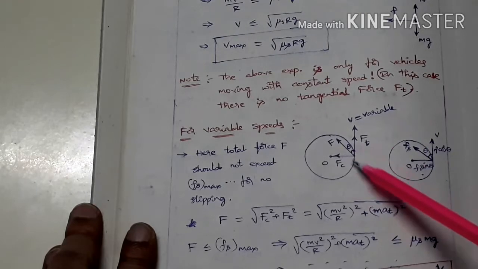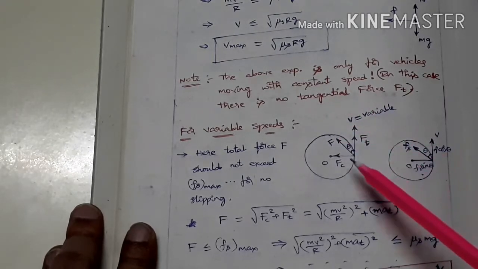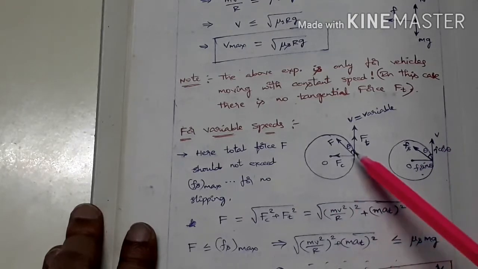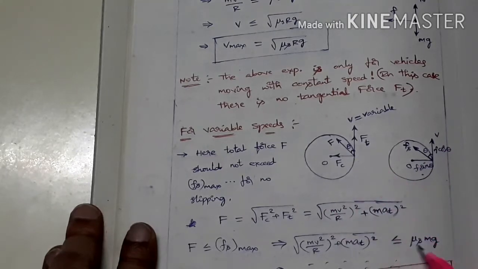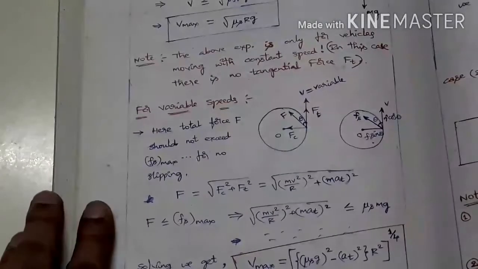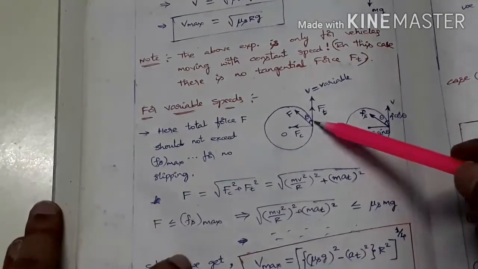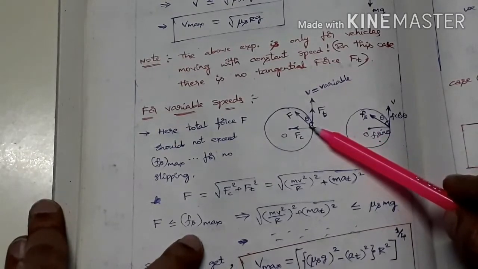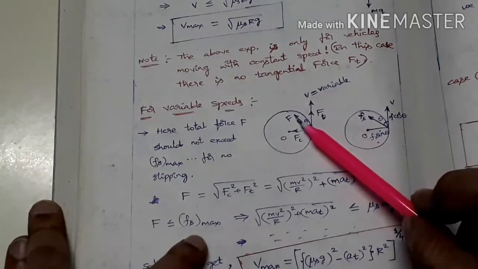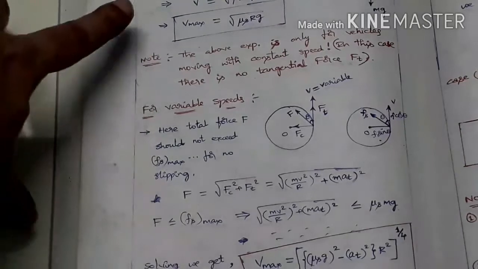So there is a resultant force F acting like this. Now this F must be less than or equal to mu s mg, because for the no skidding case, this resultant force must be less than or equal to Fs max here.